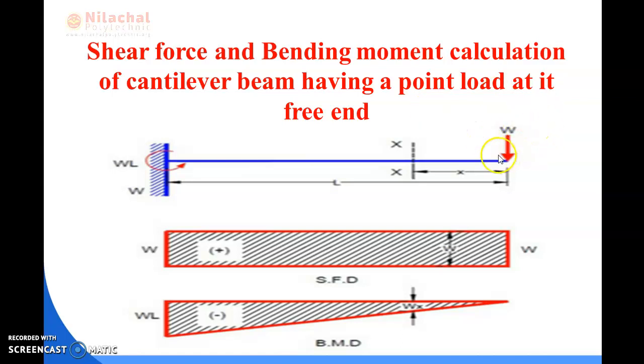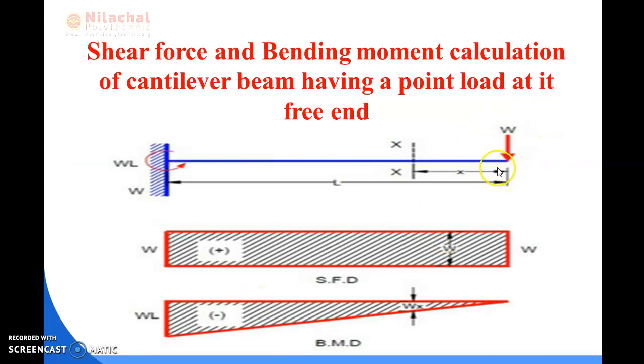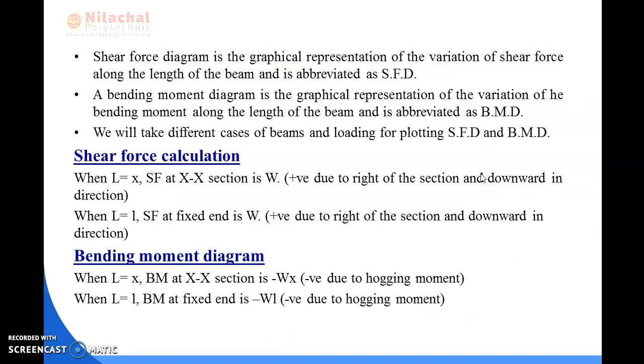Your load is W and distance is L. By multiplying these two, we got W into L. So again, the bending moment at the fixed end of the beam is minus W into L. Here also the sign is negative because the loading system is downward, and due to the downward loading system, the moment is a hogging moment. So this is your case 2 result, which is minus WL.